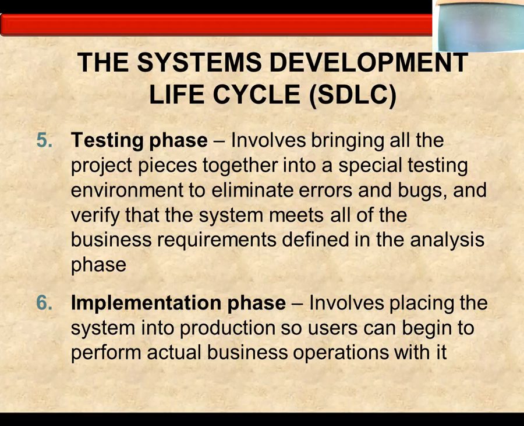So the testing phase involves bringing all the project pieces, that is all the small modules, together into a single testing environment to eliminate errors and bugs, and bugs means any software errors, and verify that the system meets all the business requirements defined in the analysis phase.